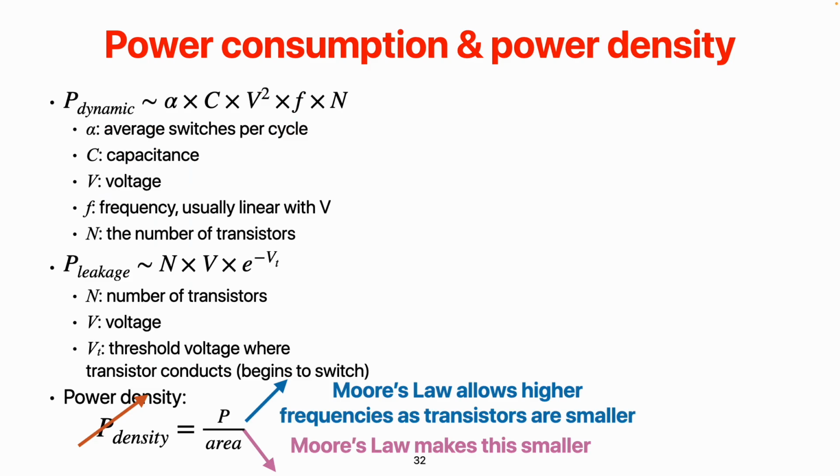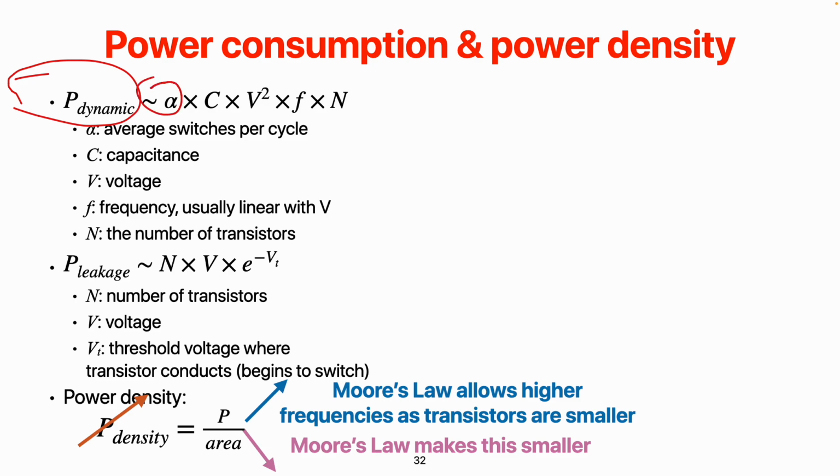And the reason the idea of lowering the transistor power can work is that if you look at the power consumption of each transistor, it is composed of two parts. The first part is called dynamic power. Dynamic power is composed of these elements.